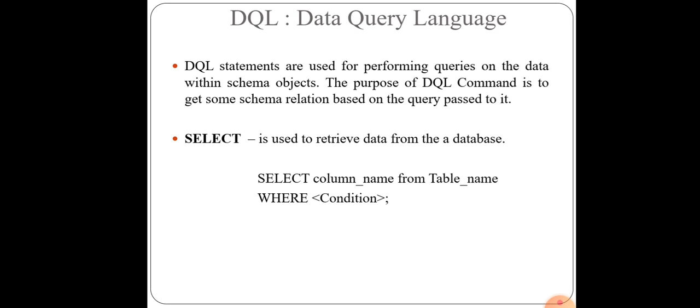Then DQL, data query language. These are used for performing queries on the data. Whenever you want to fetch certain information from the database, you can use DQL commands, that is the select query. So select column name from table name where you mention the criteria based on which you want to fetch the records.